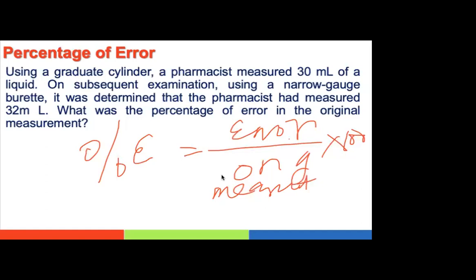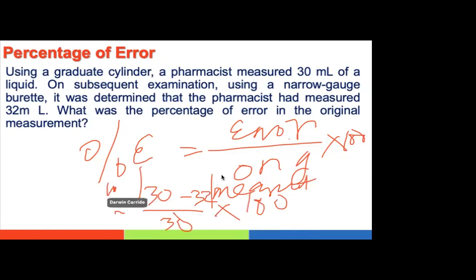So if 30 minus 32 ml, absolute value, it doesn't matter if they are reversed because your answer will be positive anyway. So, 30 minus 32 over 30, you multiply by 100; this is absolute value. What's the answer? The unit here, you can cancel the ml, so your unit becomes percent. The answer is 6.67%.